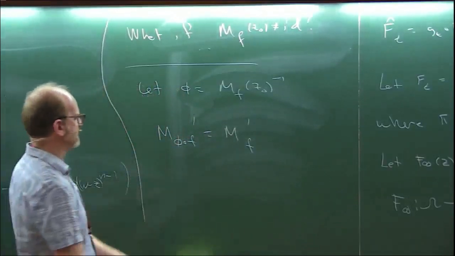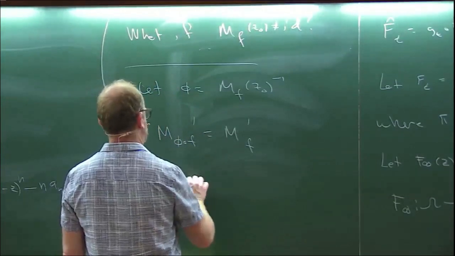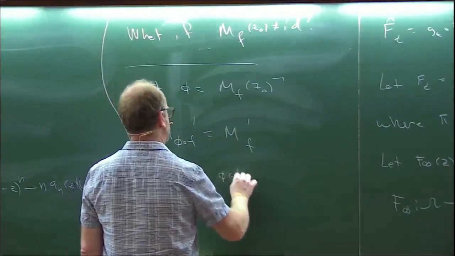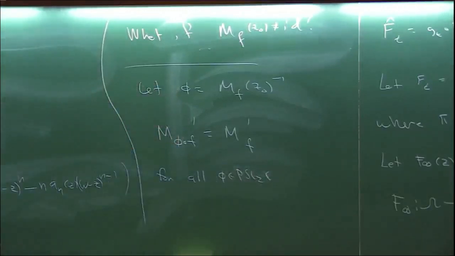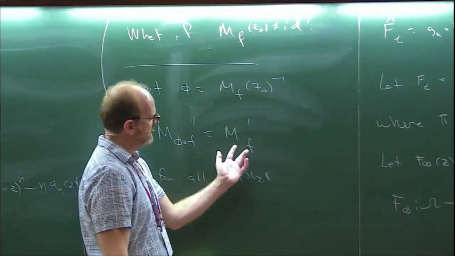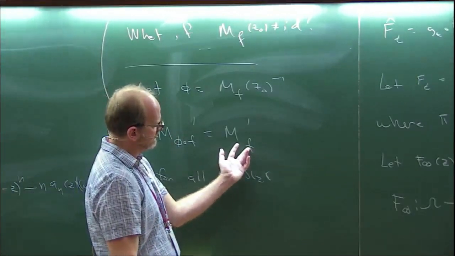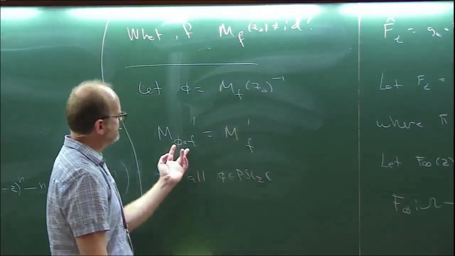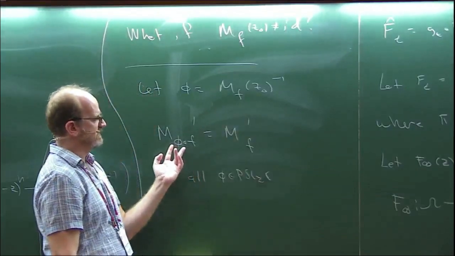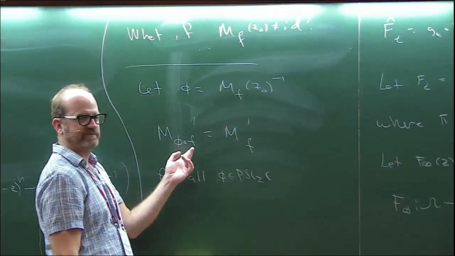In fact, these are equal for all phi in the Lie group PSL2C. Okay, so if I want to calculate the derivative of this map M at z naught, well, that's equivalent to calculating the derivative of M for phi composed with f.